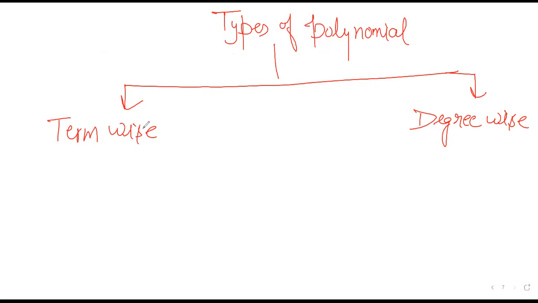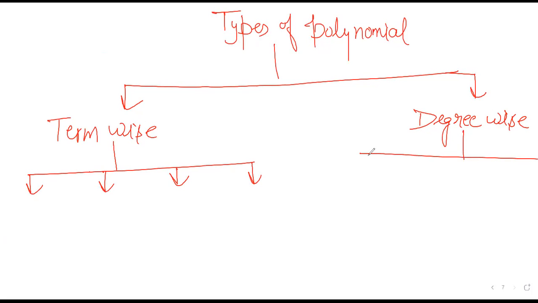In term-wise, there will be four polynomials, with names given by mathematicians. Term we already know; degree I will discuss after some time.